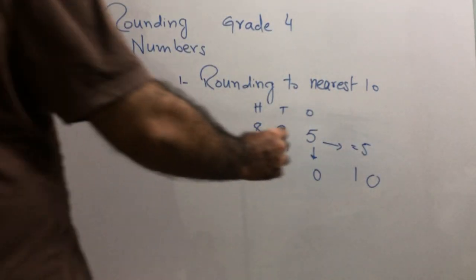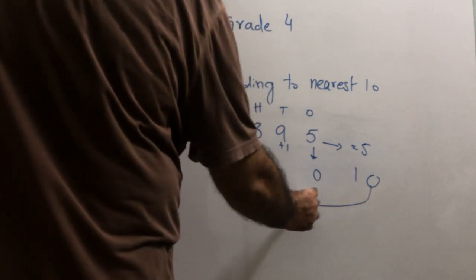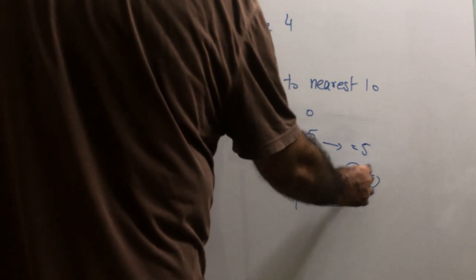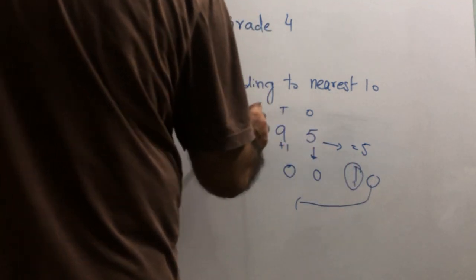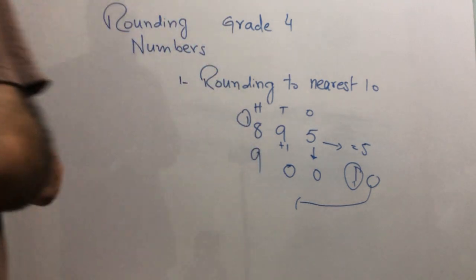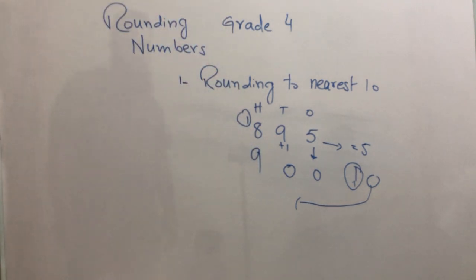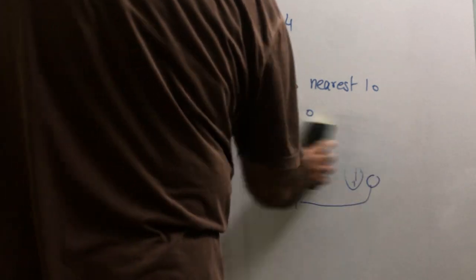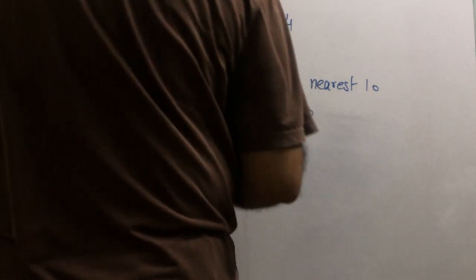This 0 will come here, and the 1 will be added to the next place, carry forward. 8 plus 1, 9. So its answer is 900. I would like to repeat this example so that it should be easier to understand.